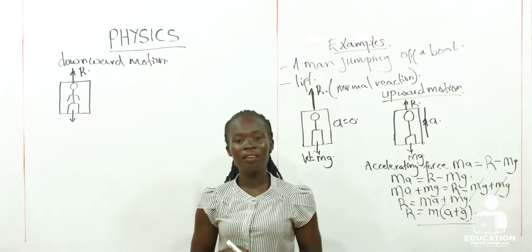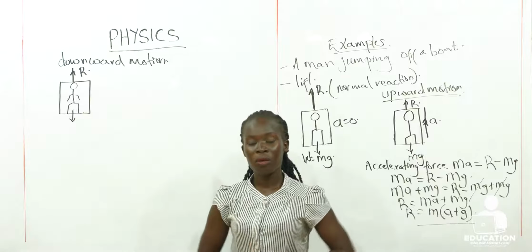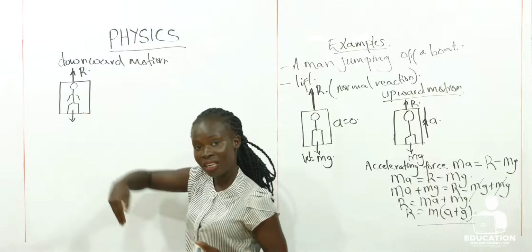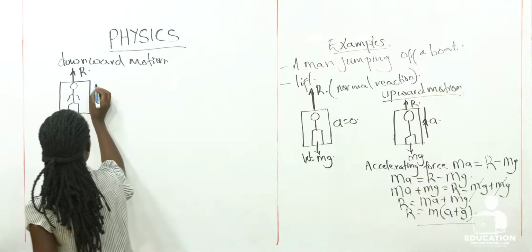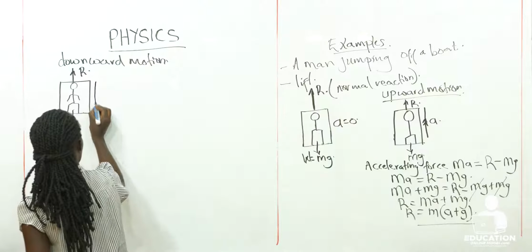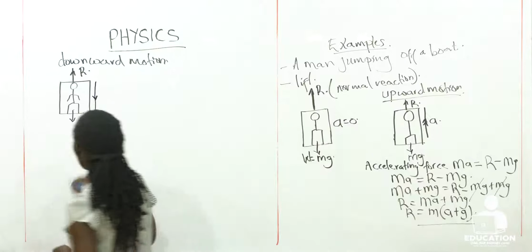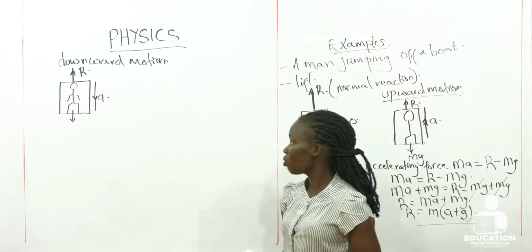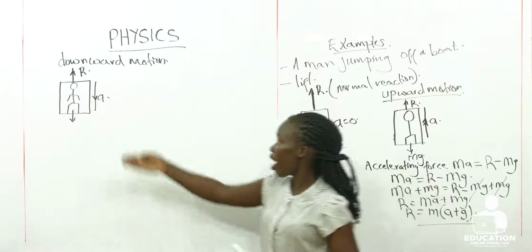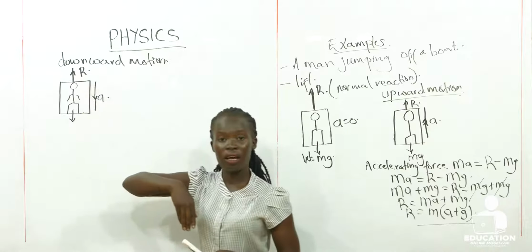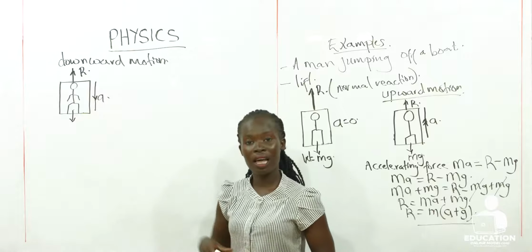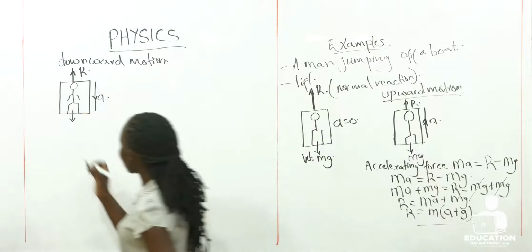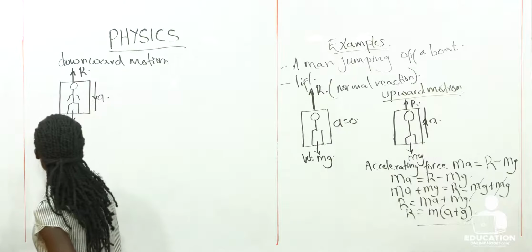How will the accelerating force be? You see that the lift is coming downwards. That means that it is accelerating downwards. Our arrow will be taking this direction here, down. So now if it is moving downwards like that, how would you get the value of this reaction offered by the lift? Let's consider the accelerating force.